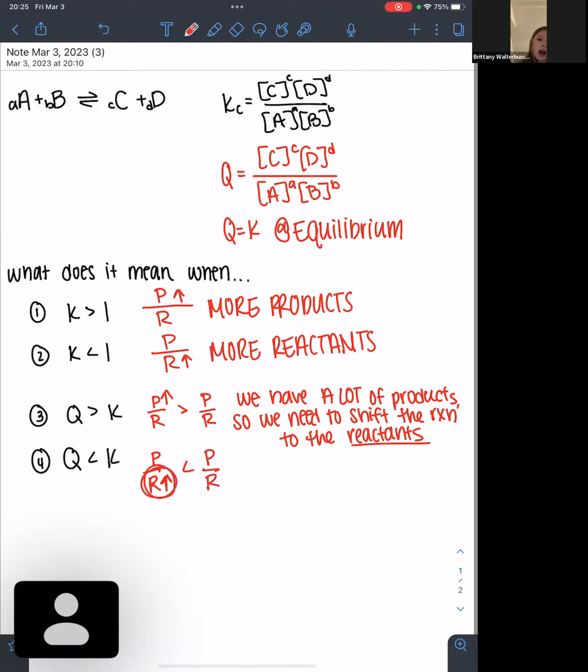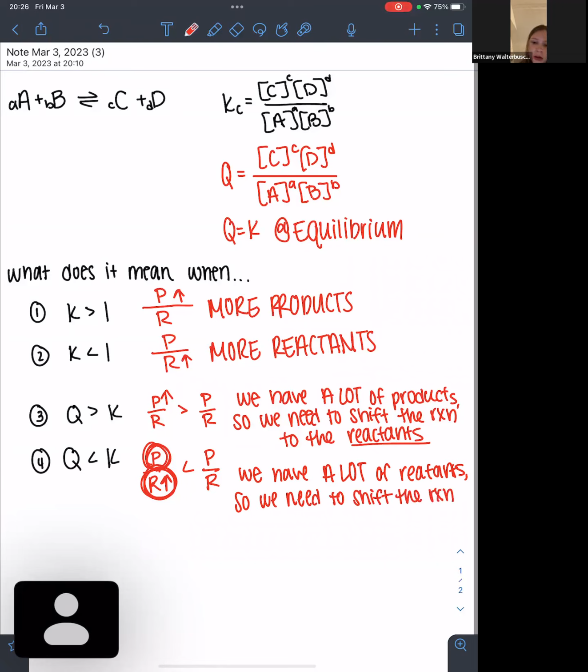So if we have a lot of reactants, then we need to get rid of some of those and make some of our products. So we need to shift the reaction to the products. In other words, this reaction will proceed towards the products to get to equilibrium.